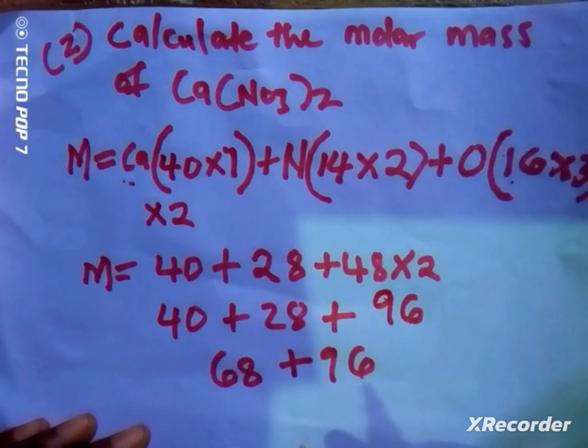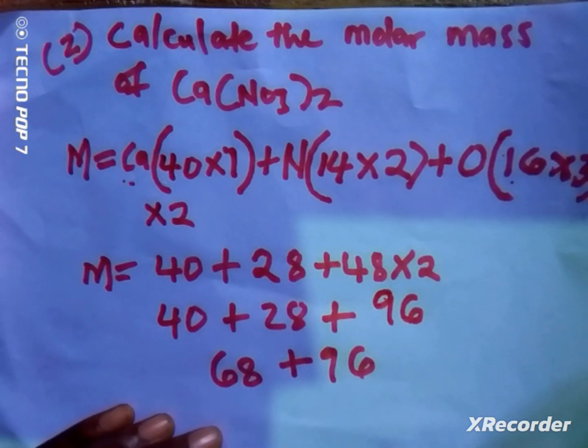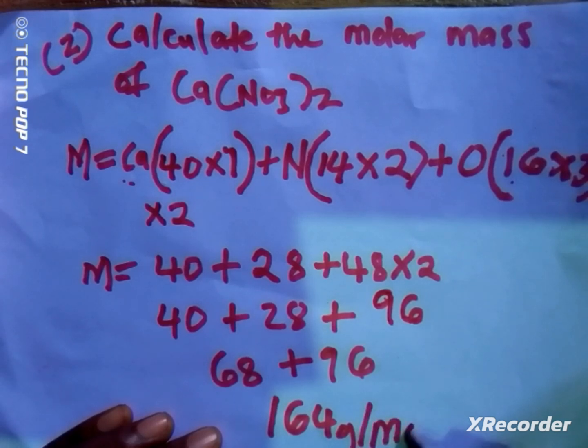So 68 plus 96 is equal to 164. Remember, the unit of molar mass is gram per mole. So the molar mass of calcium nitrate is 164 gram per mole.